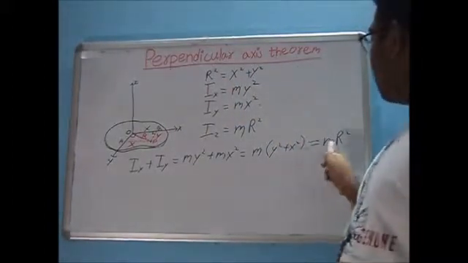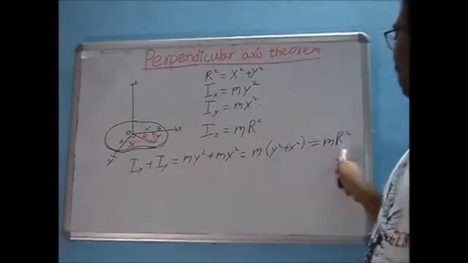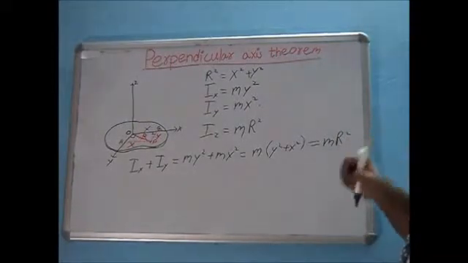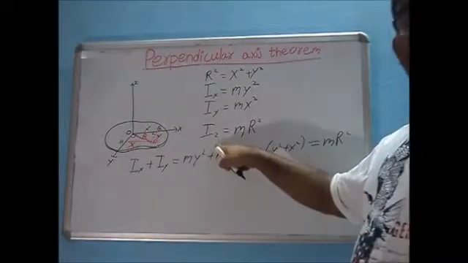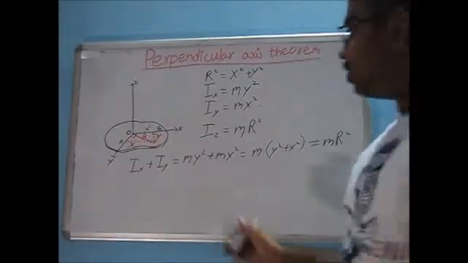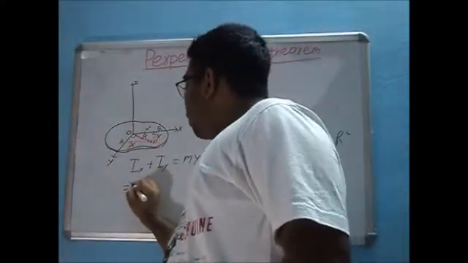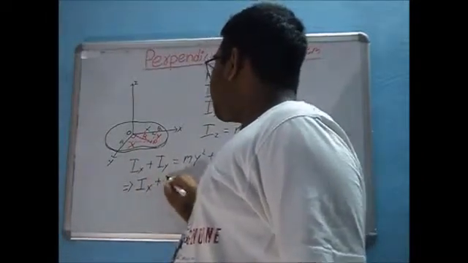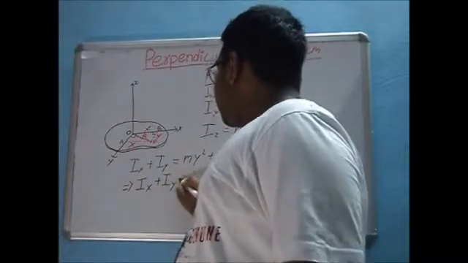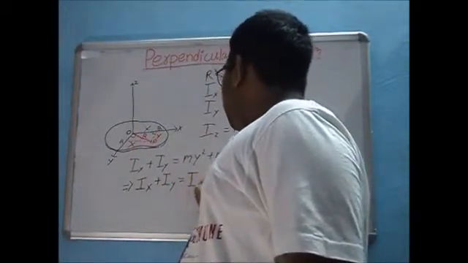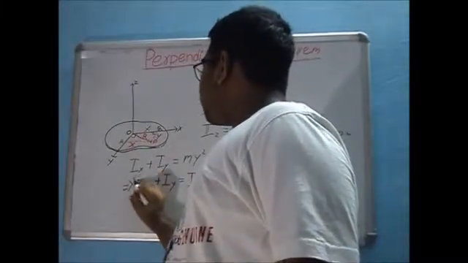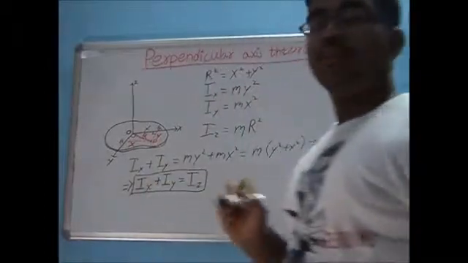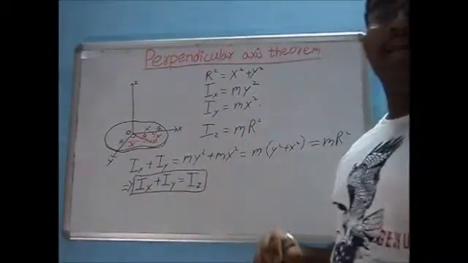So we put the value of x square plus y square as r square. Now we know m r square is equal to the moment of inertia along the z-axis. So the moment of inertia along the x-axis plus the moment of inertia along the y-axis is equal to the moment of inertia along the z-axis. And this proves the perpendicular axis theorem.